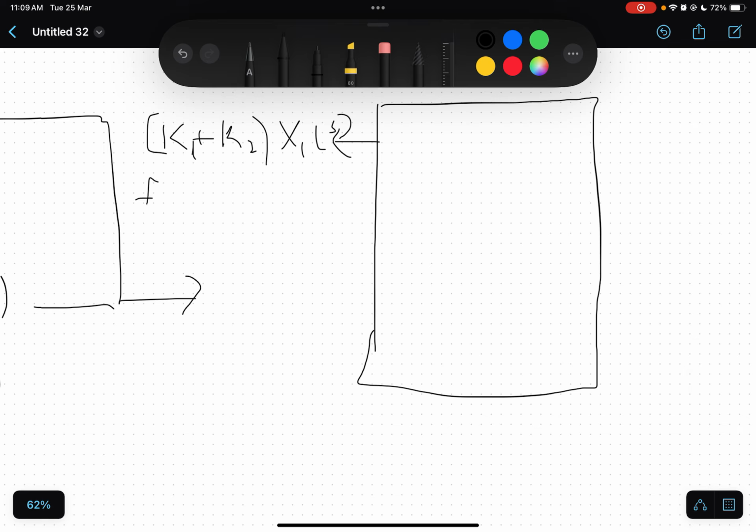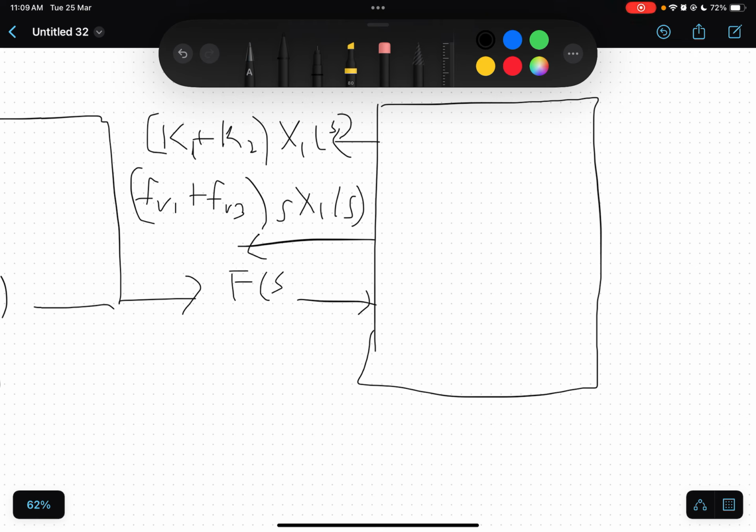You have FV1 plus FV3 S X1S. Okay, going in the same direction. And then you have the pushing force Fs, and we have the inertial force M1 S squared X1S.